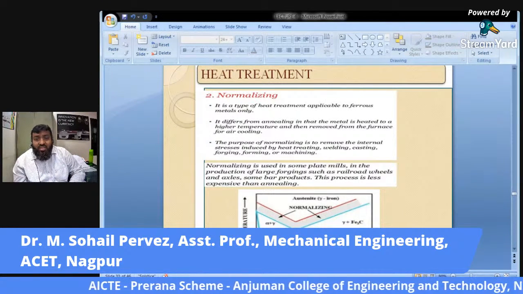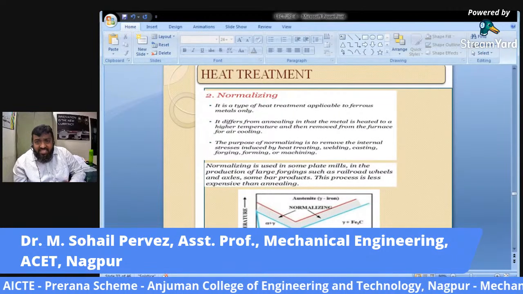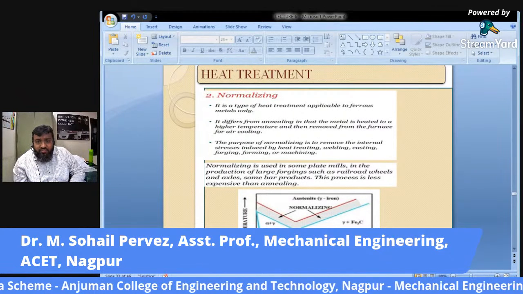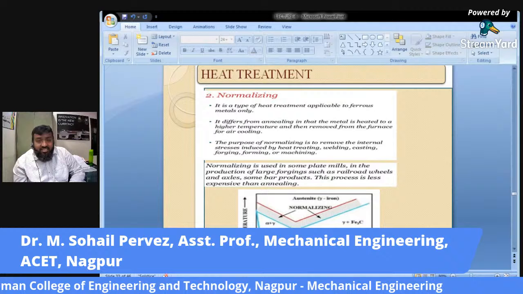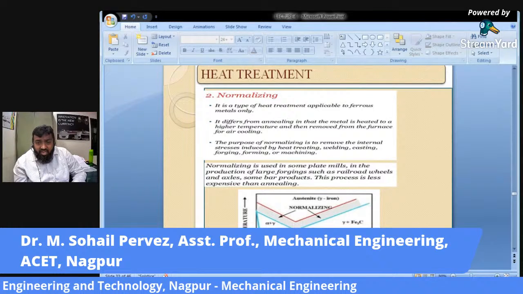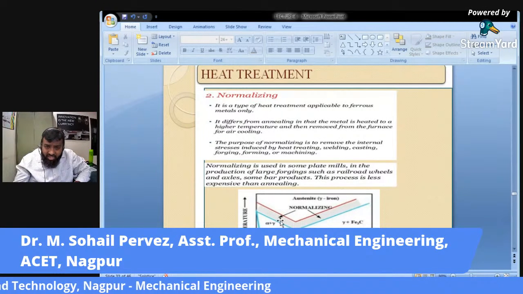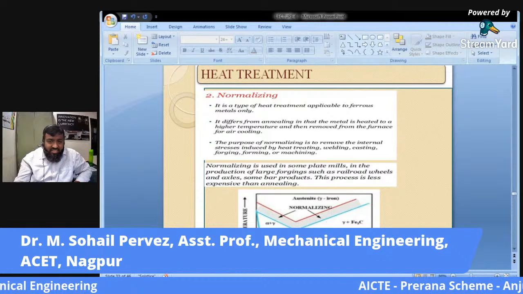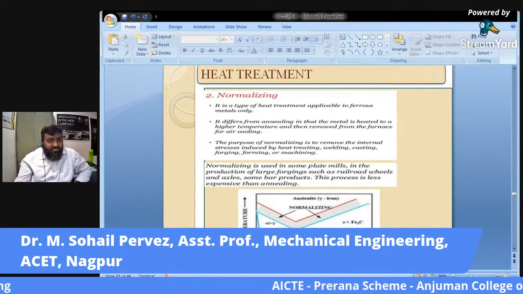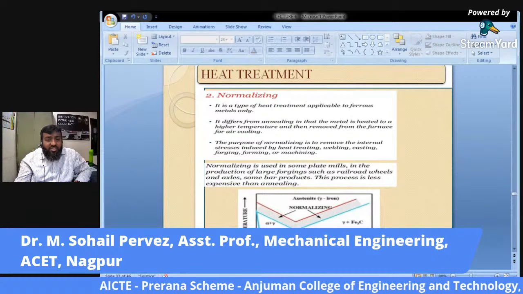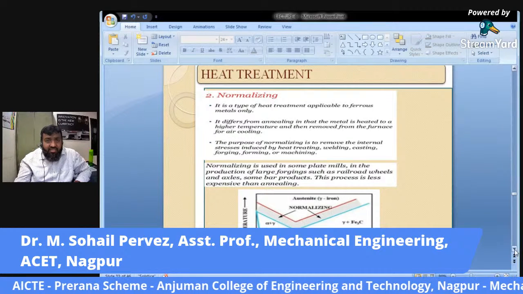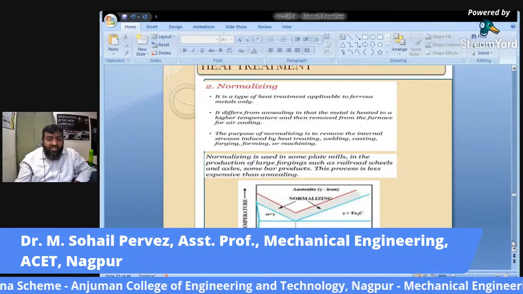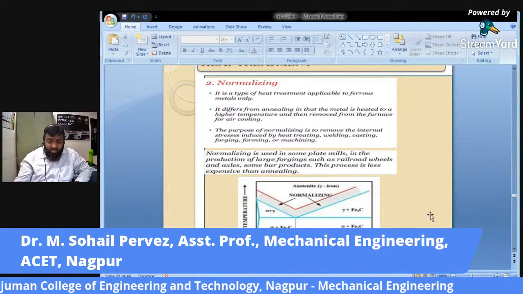Normalizing is used in plates, large forgings, railroads, axles. So these are used. And now see, this is the normalizing range. The normalizing range is represented by this graph on the temperature composition, that is the graph itself.